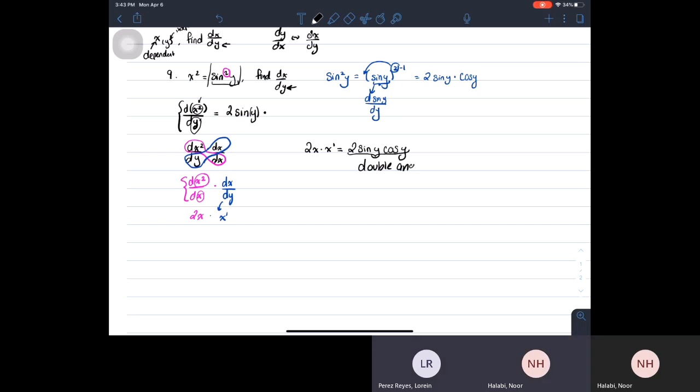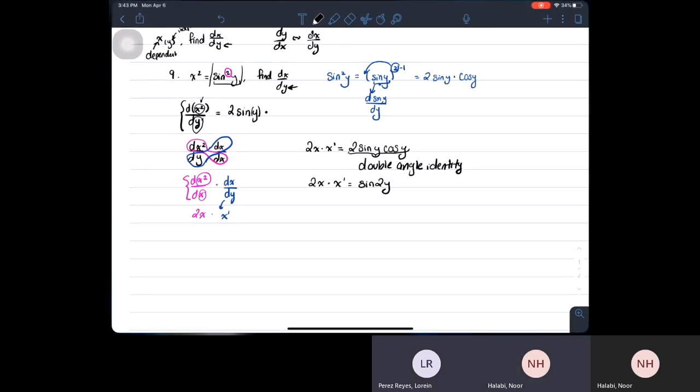Exactly, it's the double angle identity. So from this, I know that 2x times x prime is equal to sine 2y. Yeah, that one keeps popping up. It's really helpful to memorize most of your identities because they pop up a lot, especially with implicit differentiation.